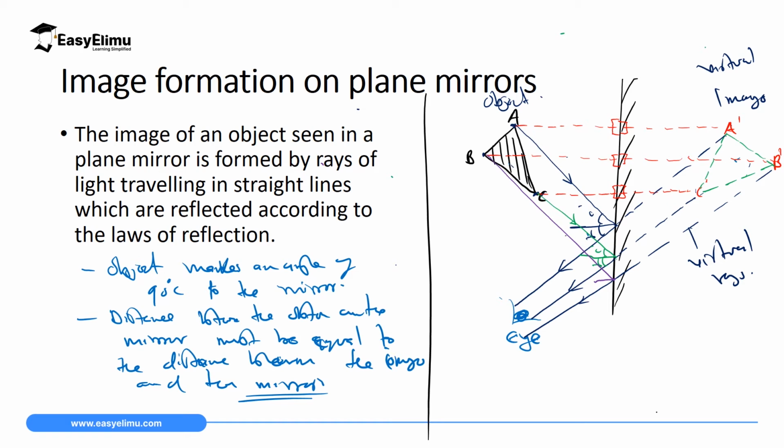Remember, when you are drawing real rays, you put an arrow on them to show the direction. So here I equals R.